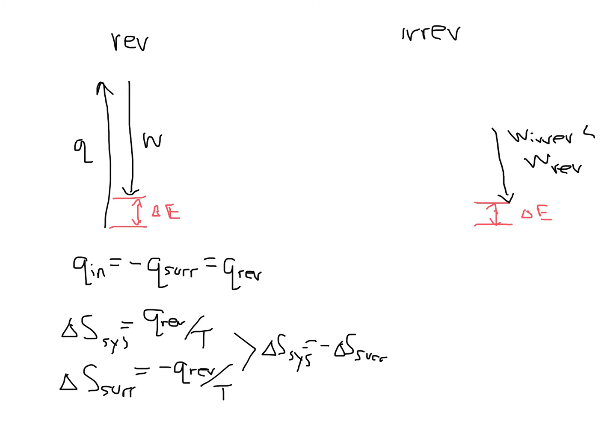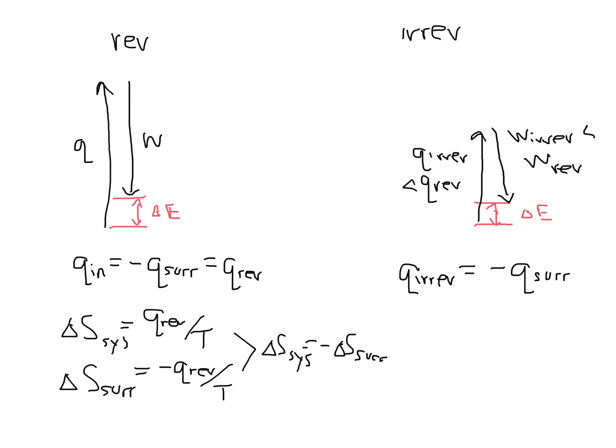Thus, we can see that the amount of energy input as heat in the irreversible case is less than the amount of heat input in the reversible case. The energy that gets transferred to the system from the surroundings is equal to the Q irreversible. So the irreversible amount of heat is equal to the heat lost by the surroundings.